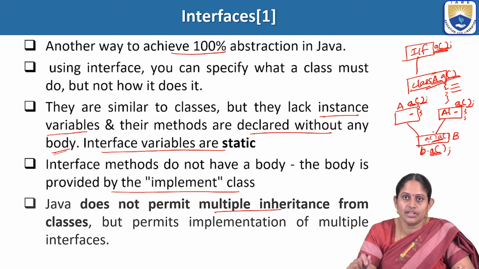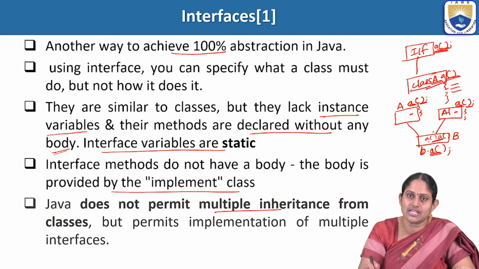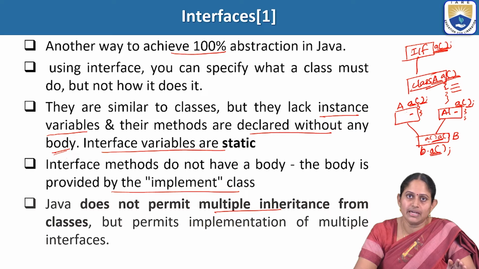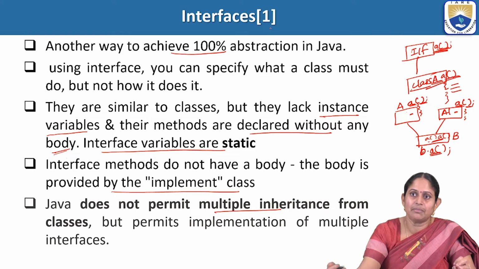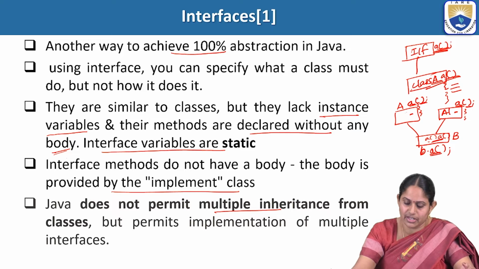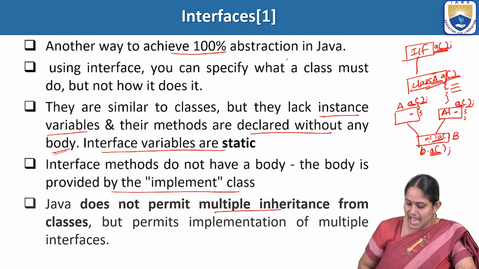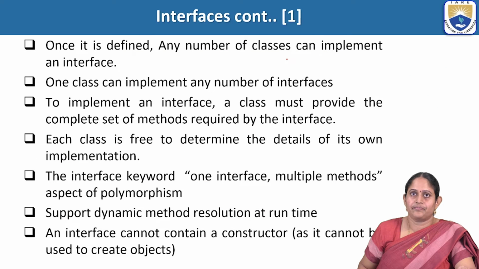So that is the issue with Java in permitting multiple inheritance using classes. To achieve multiple inheritance, they go for interfaces. So multiple inheritance can be achieved in Java using interfaces. And also interfaces provide complete abstraction in Java.